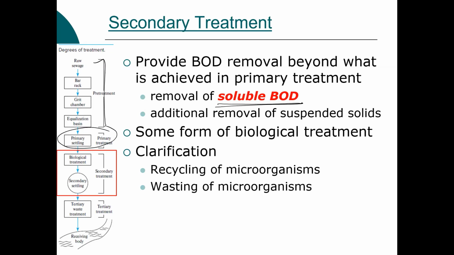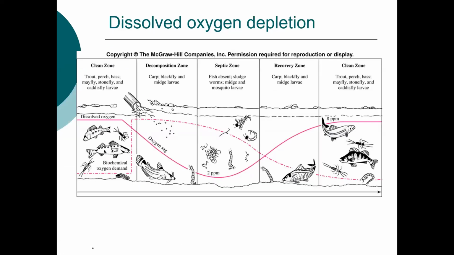Here we're looking at basically feeding the microorganisms. We will get some additional removal of suspended solids, but that isn't the goal. The goal is the removal of the soluble BOD. The reason for that is that we're looking to protect the receiving body of water.